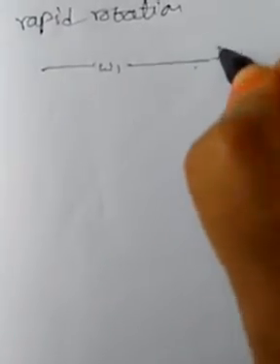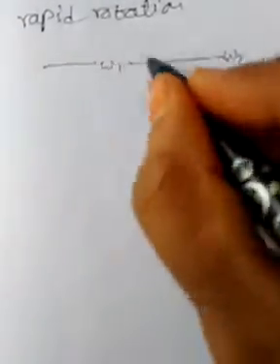We are already told these two slots are not parallel. If these two are parallel, then the atom coming out from W1 passes through W2.